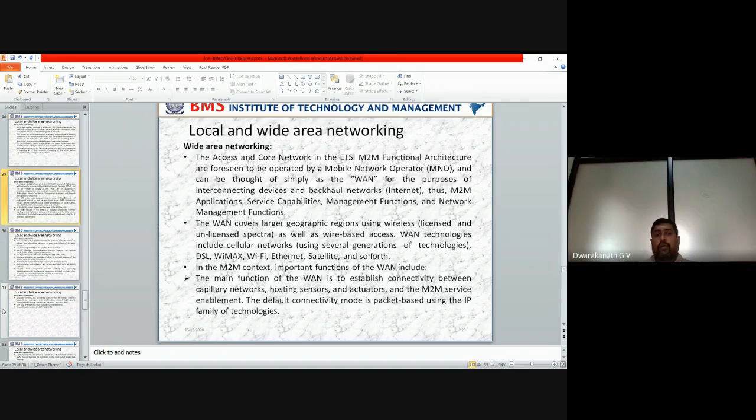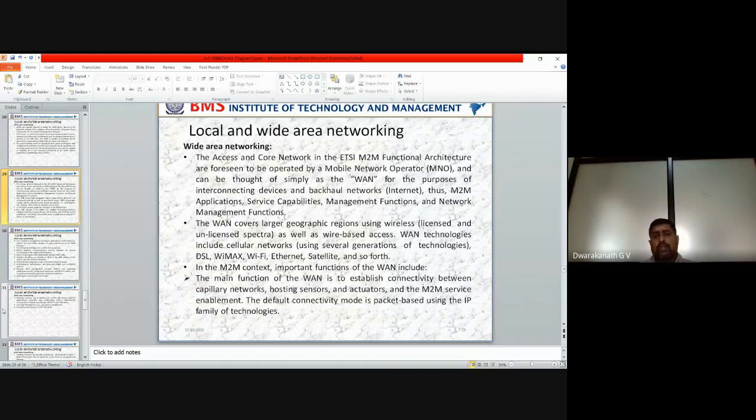A mobile network operator means a separate leased internet provider will be there who will provide the internet, or even within a mobile network operation, and it can be thought of simply as a WAN for the purposes of interconnecting devices and backhaul networks, meaning other small networks, bifurcated sub-networks.